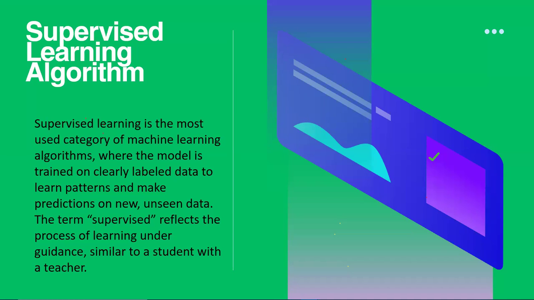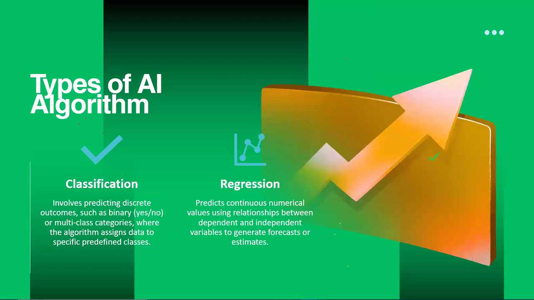Now, even within supervised learning, there are subcategories, and the two types of supervised learning are classification and regression. With classification, as the name implies, we are trying to classify something as something.